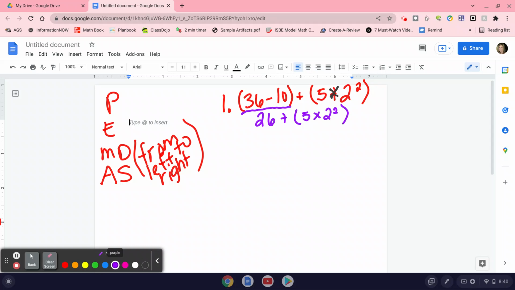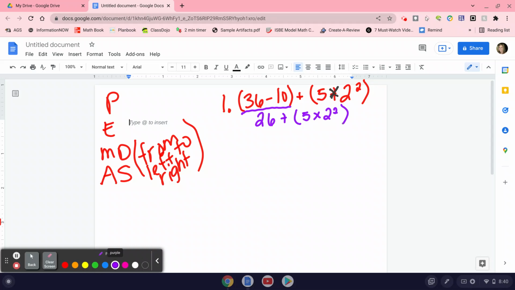Kaden, what do you think I do next? I have to look inside of that other set of parentheses, but I have multiplication and I have exponents inside of there. Which one do you think I should do first? So inside of the parentheses, you follow the order of operations. So which comes first in the order of operations, exponents or multiplication? So look right here. Parentheses. What's the E stand for?